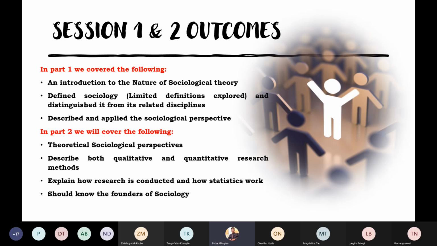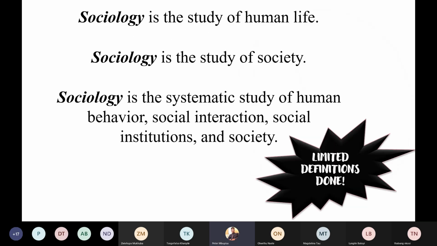So, to recap, limited definitions. We say a limited definition just gives us a shorter view of the subject matter that you're trying to study. We define sociology as a study of human life, study of society, and a quite lengthy limited definition says sociology is a systematic study of human behavior, social interaction, social institutions, and society.